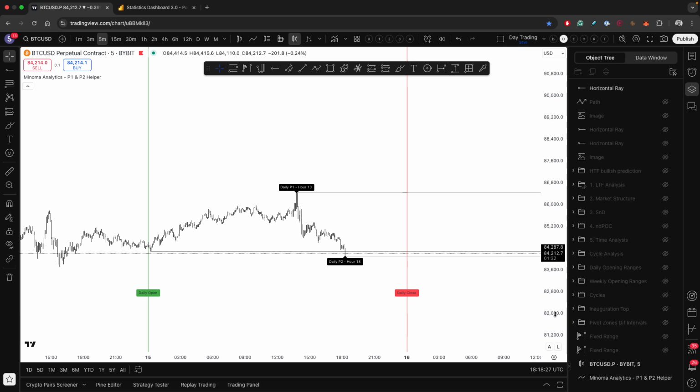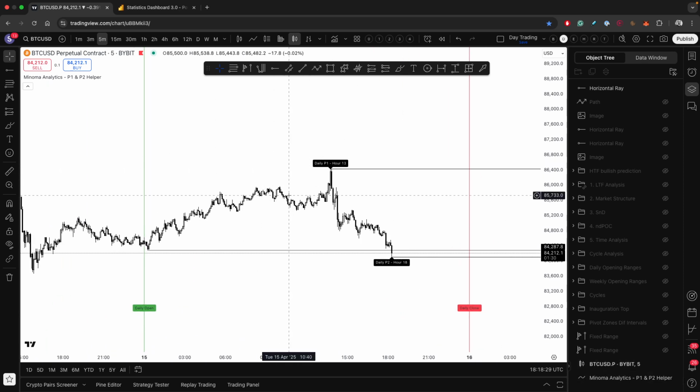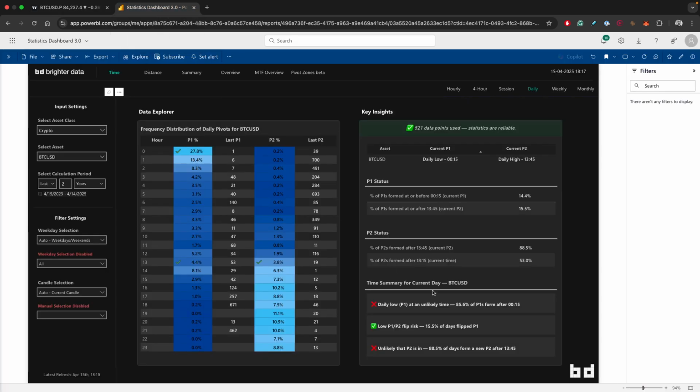Normally this would have been a pretty good setup for a continuation trade, right? And it still would be, as we still have the other statistics as well. But in this case, you would be a lot more cautious, because you would see that this was an unlikely time, because 85% of days, which is really a lot, form a P1 later than 0015.